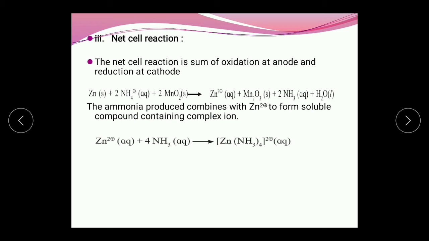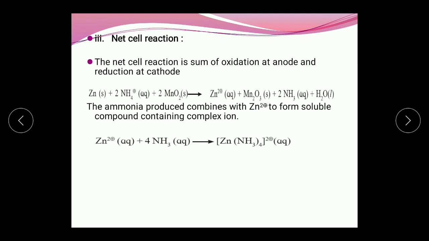That means it is a complex ion which is produced every time the total cell reaction, or circuit of reactions, gets completed. So this ion is the final product.